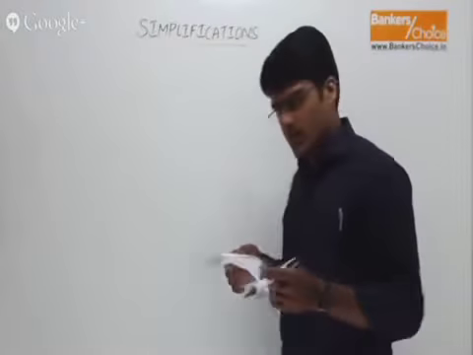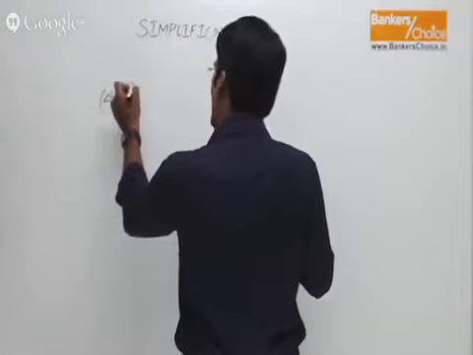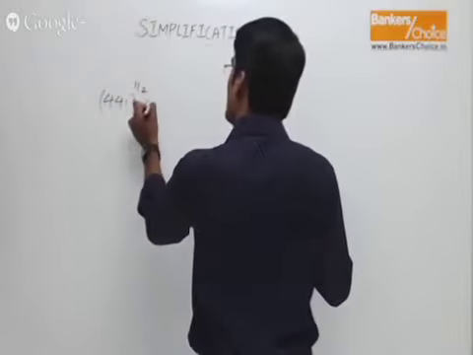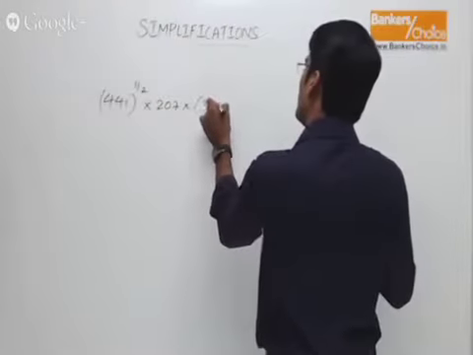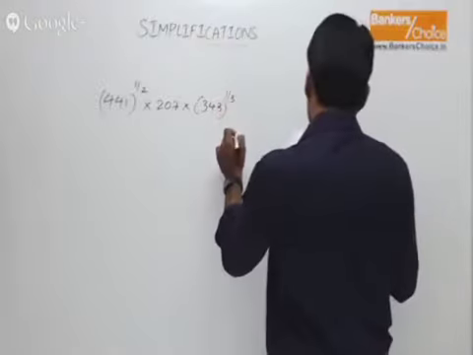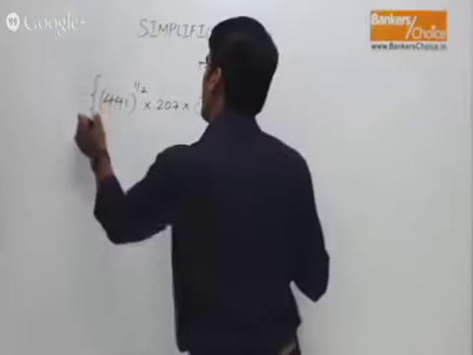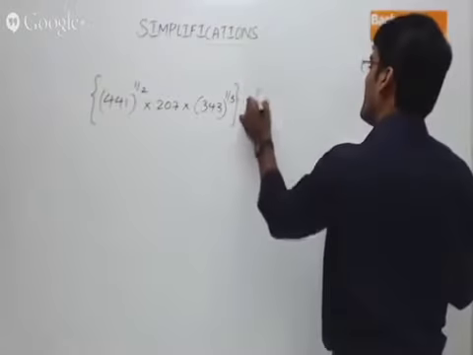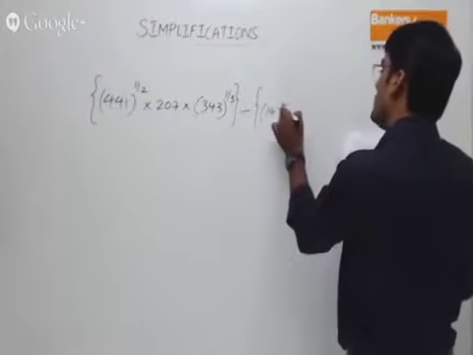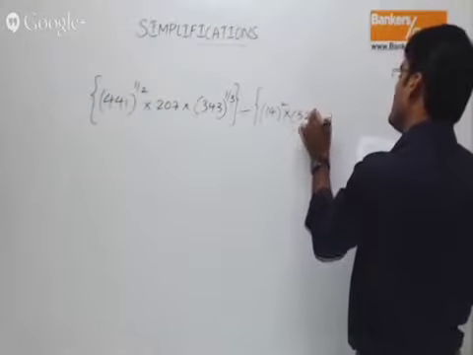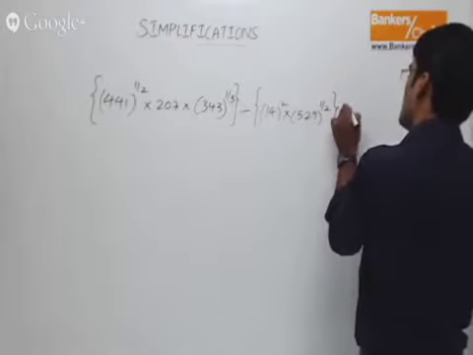So let's look at this question. 441 to the power of 1 by 2 into 207 into 343 to the power of 1 by 3 divided by, well, there's a flower bracket here. Then again we have 14 squared into 529 raised to the power of half equals to what?